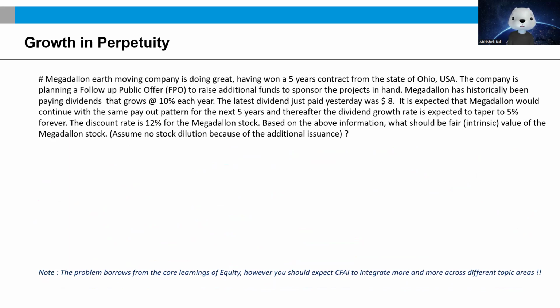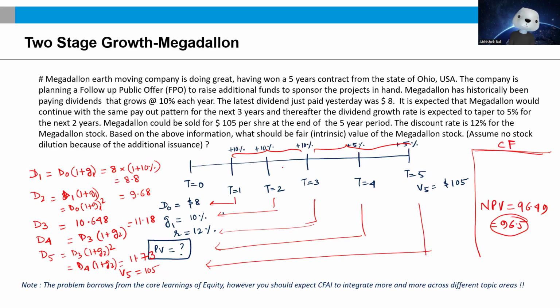The next problem is a little bit more fascinating. And here it says the other details remain the same, that we still have a 5 years contract. All the values are same. With the only twist out here is that the tapering would happen after 5 years. In the previous problem, the tapering happened after the third year.